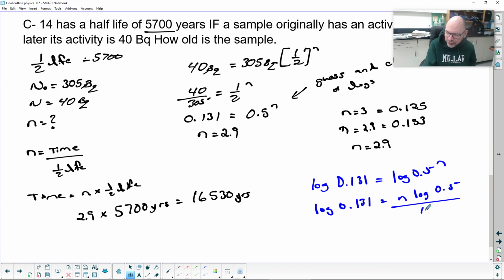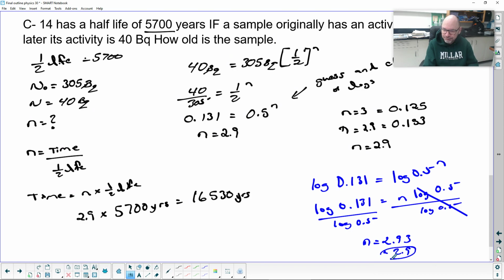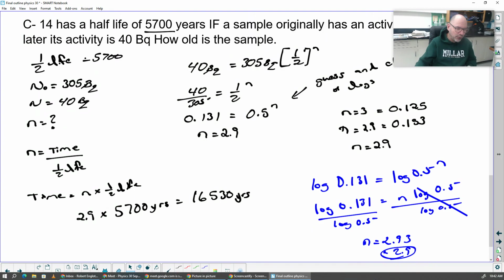So we're just going to divide the two. So you go log 0.131 divided by log 0.5, and I get 2.93, which is the same as we guessed. Whichever way you like doing it, it doesn't matter to me. And that's it.